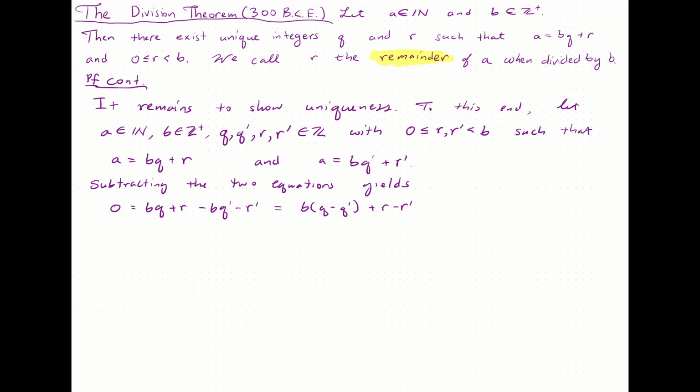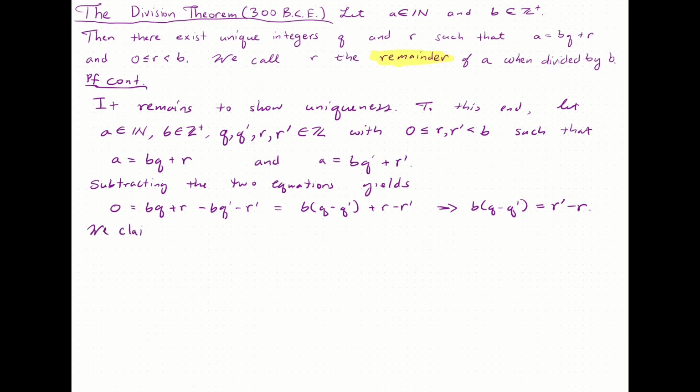But now this equation implies that we have b times q minus q prime is equal to r prime minus r. For uniqueness, we need to show that r prime is equal to r, and so in other words, r prime minus r is equal to 0.